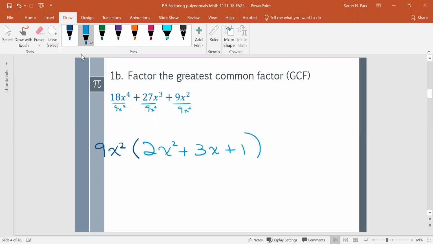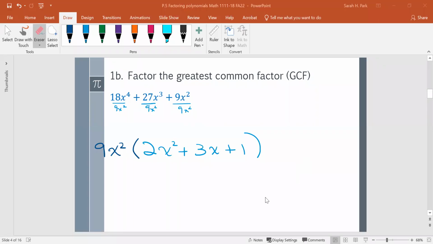So here we have 9x squared times the parentheses 2x squared plus 3x plus 1. Okay, so we factored out the greatest common factor.